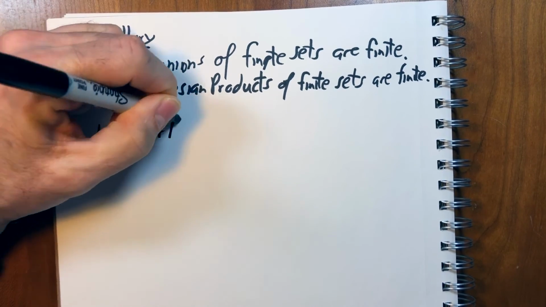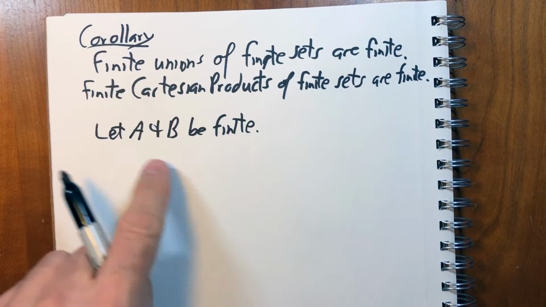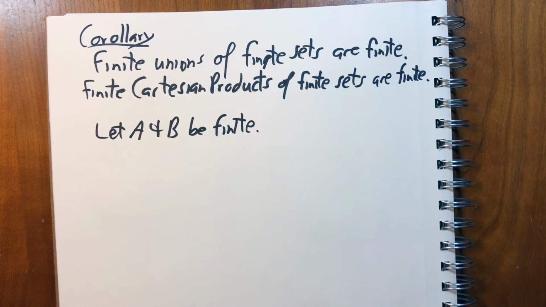Let A and B be finite. If either one of these is empty, there's nothing to prove.